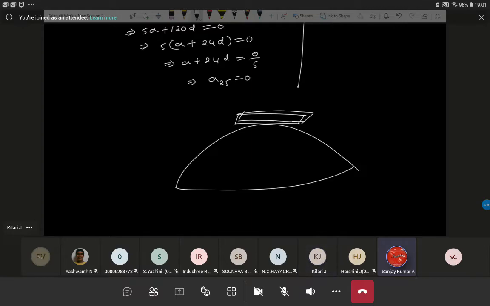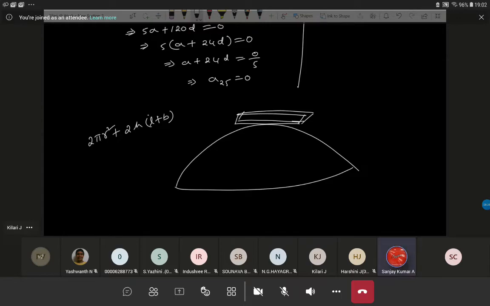The plus LB and minus LB cancel out, and the remaining is 2 pi r square plus 2h into L plus B. By that method I got 2884 meters square.